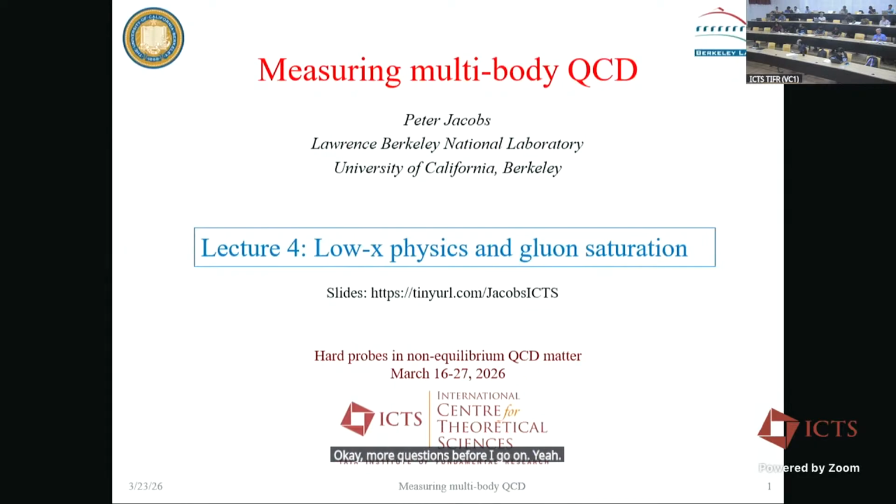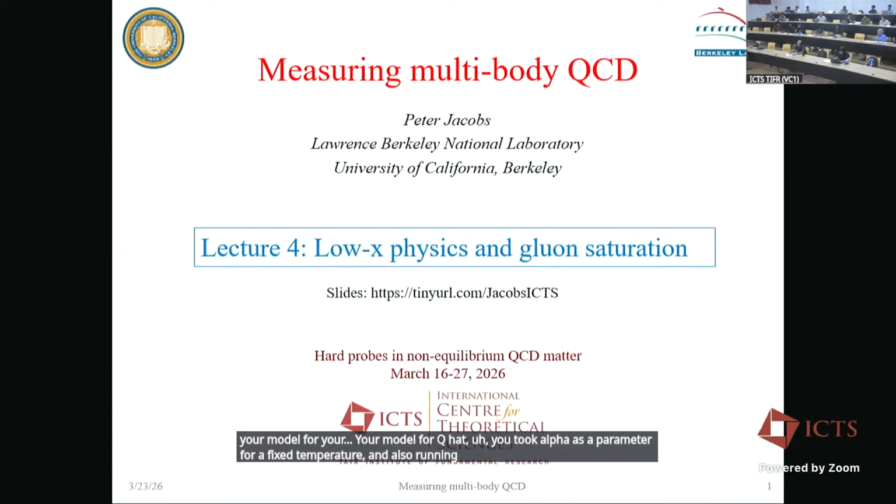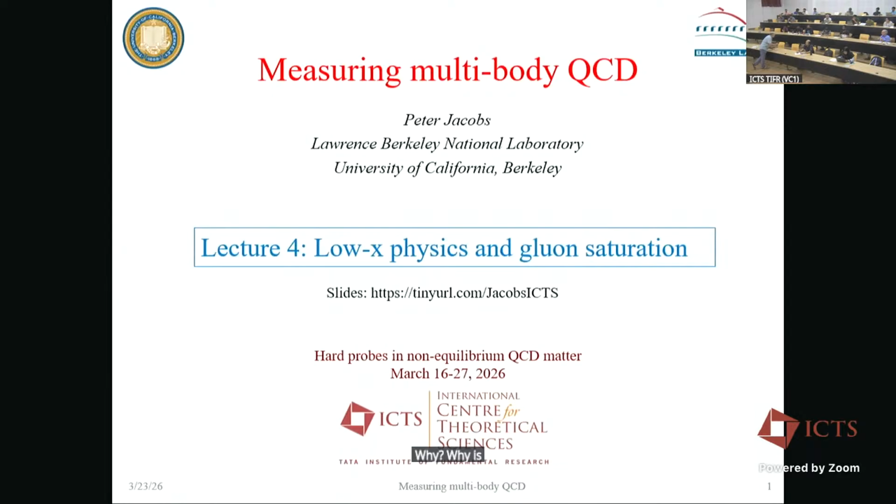In your model for Q hat, you took alpha as a running coupling and also as a model parameter at fixed temperature. So what was the reason? Why is the coupling running?